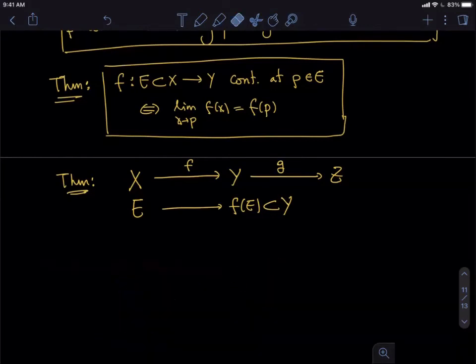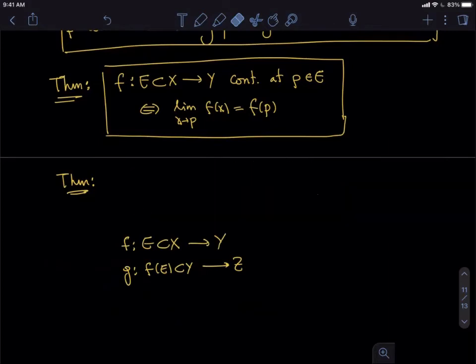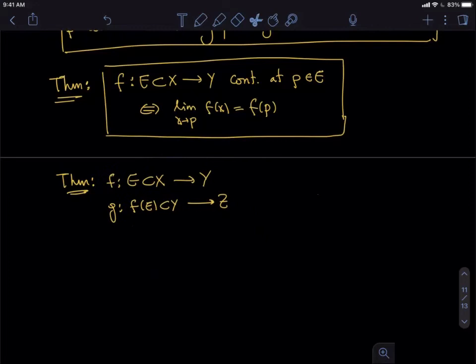Anyway, so f from E in X to Y, g from f of E in Y mapping to Z. Okay, let's keep it like this, just to keep it simple.